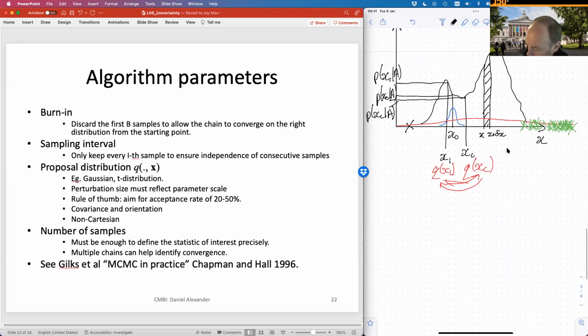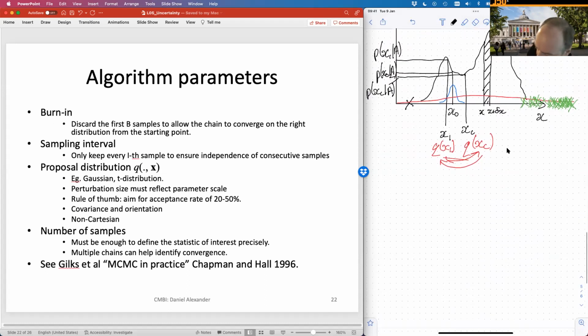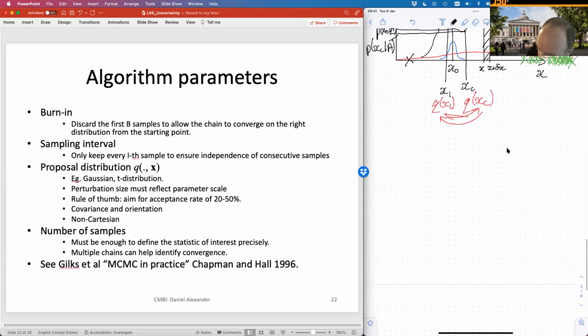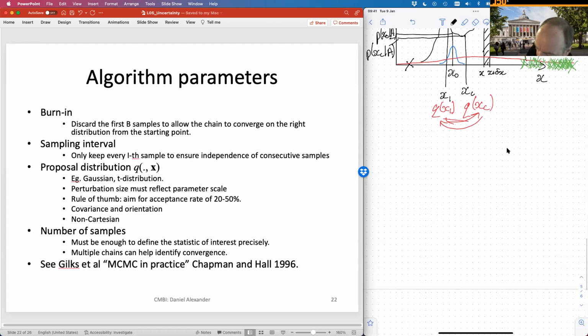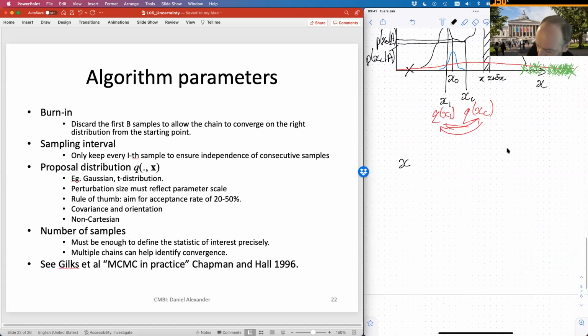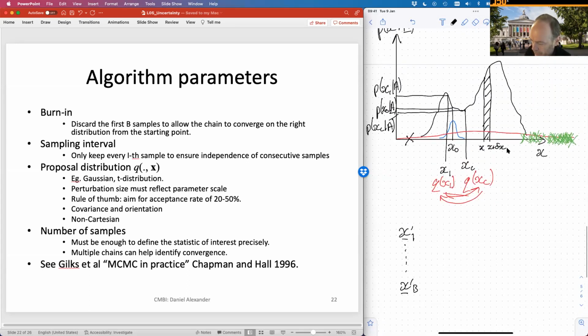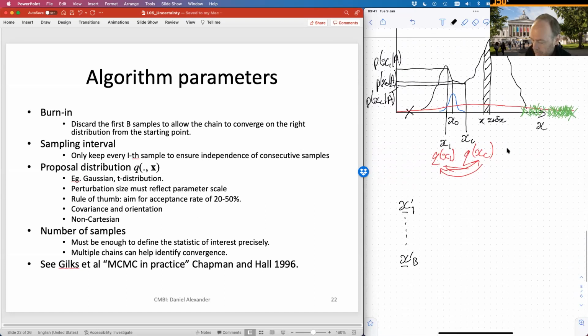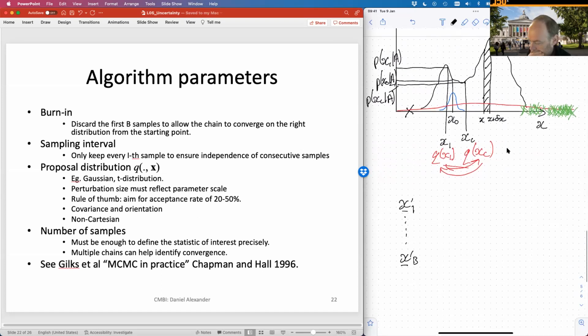So I'm just going to write a list of samples down here that show that. The actual set of samples that come out of the algorithm, I'm going to write as X dashed. So X dashed 1 up to, let's say, X dashed B, I'm going to draw them as vectors actually, because in general, although we're thinking in one dimension in this picture up here, each sample would be multidimensional.